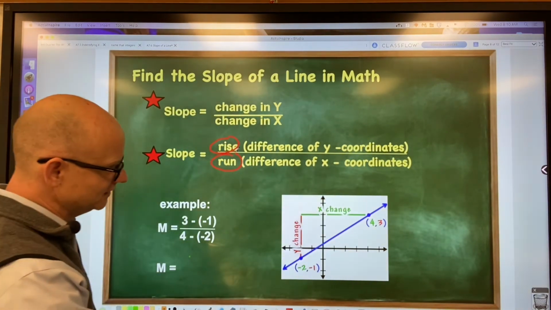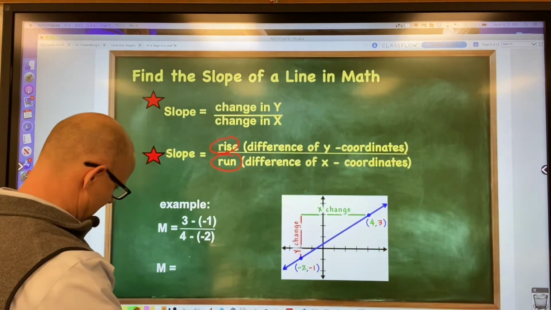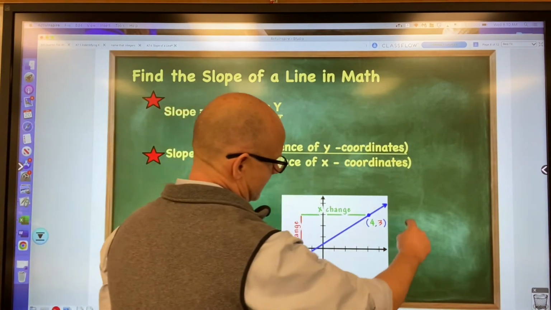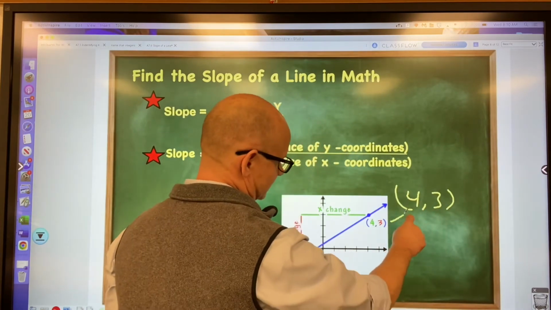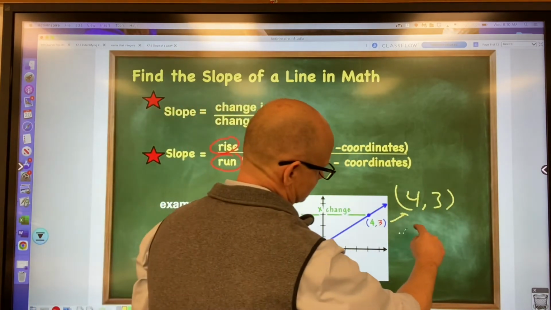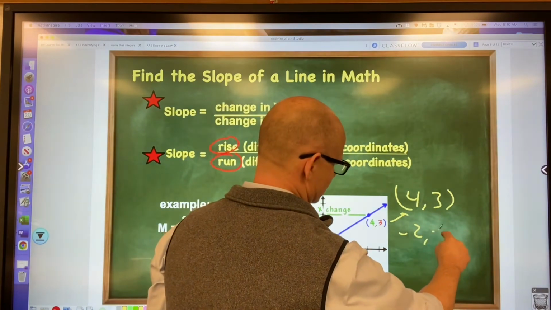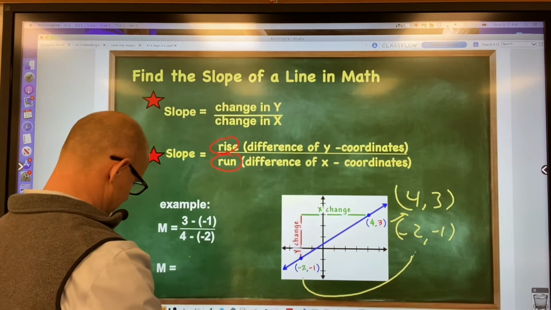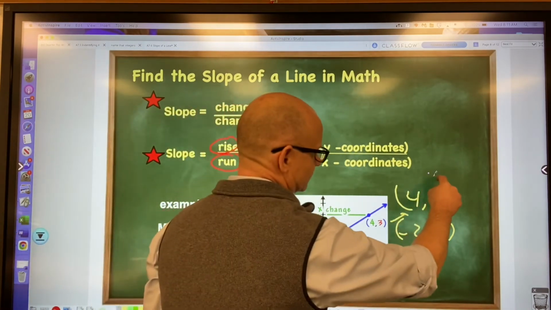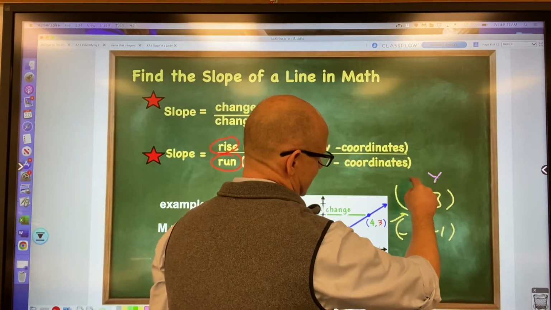You can see here I have two points. I have 4, 3 as one ordered pair, and then I also have -2, -1 as another ordered pair. This is my y and this is my x.